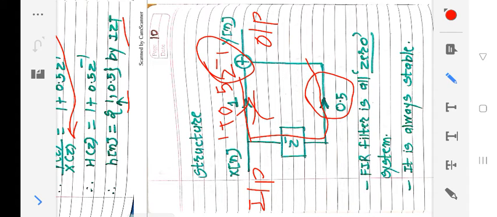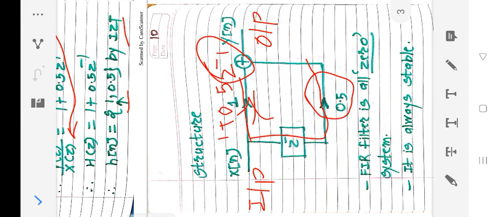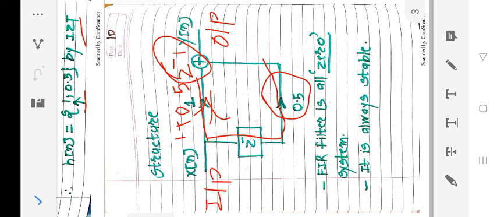It is only feed forward, there is no feedback, meaning you are not seeing here a delayed version of y of n, that is the output. FIR filter is an all zero system and it is always a stable filter. So that completes our FIR filter introduction. Okay, now in the next part of our discussion we will go for the IIR filter basics.